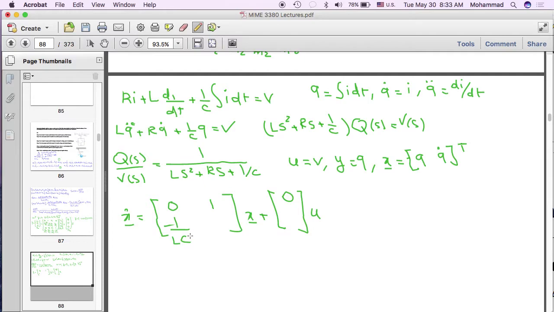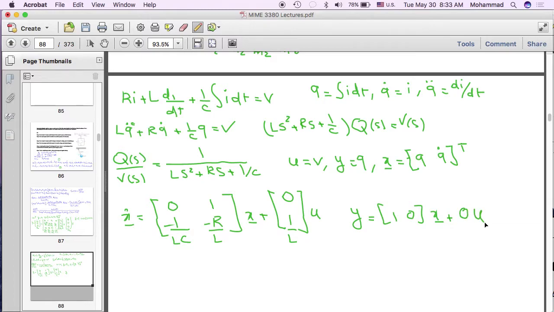That's what is multiplied by Q, which is X1. What is multiplied by X2 is minus R over L, and what is multiplied by the voltage is 1 over L. And for the C matrix, we simply have 1, 0 plus 0 times U.